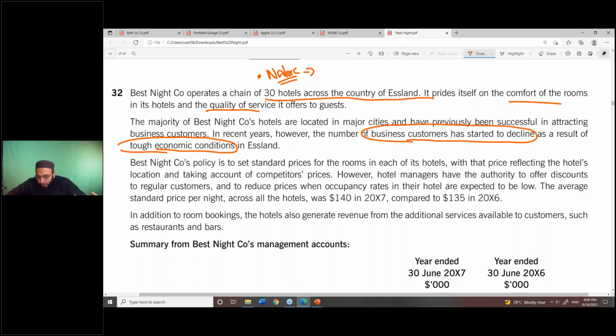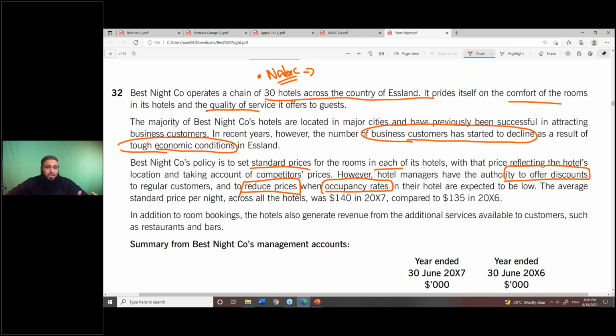Best Night's policy is to set standard prices for the rooms in each of its hotels, with that price reflecting the hotel's location and taking account of competitors' prices. However, the hotel managers have the authority to offer discounts to regular customers and to reduce prices when occupancy rates in their hotel are expected to be low.